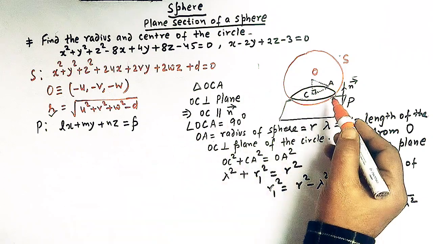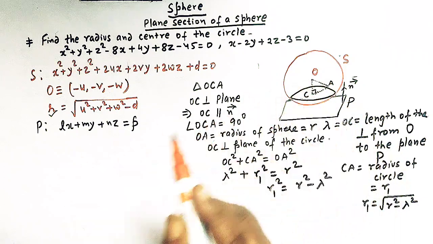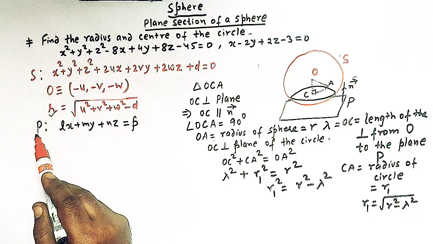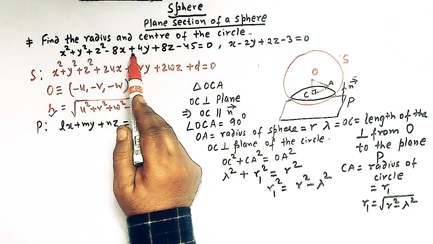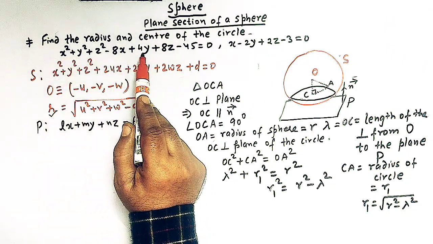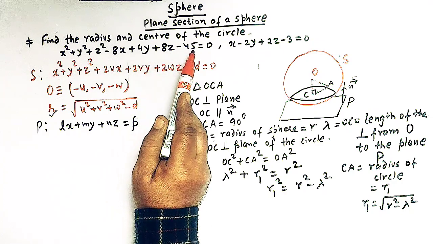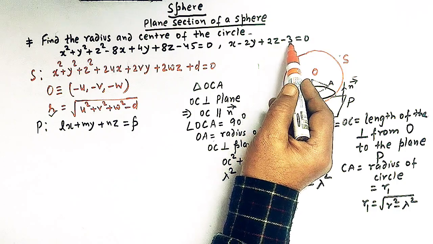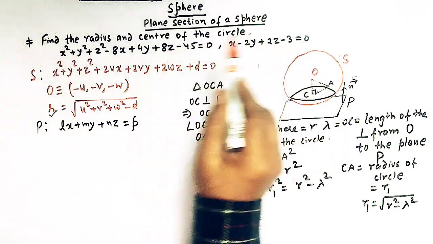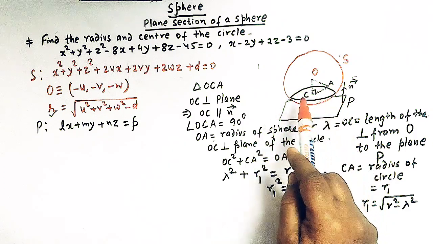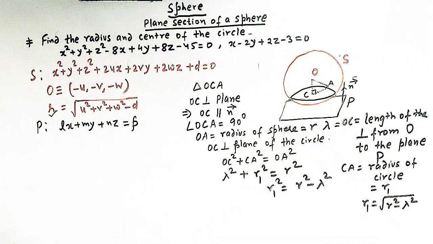The equation of the circle is given by the combined equation of the sphere and the plane P. So this equation, x square plus y square plus z square minus 8x plus 4y plus 8z minus 45 is equal to 0, and x minus 2y plus 2z minus 3 is equal to 0, together represent this circle whose center is C and the radius is CA.